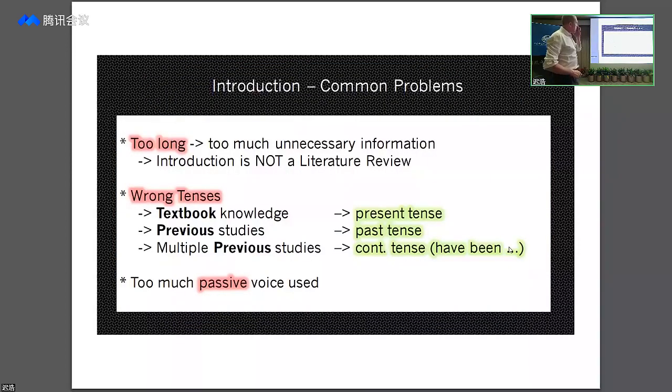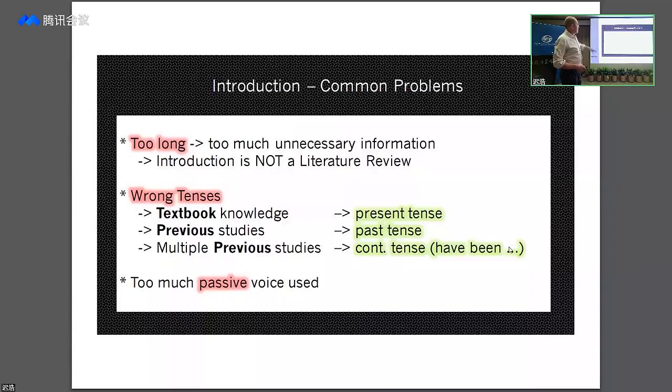Now, there are a number of problems that I usually find in the introduction, so I want to share them with you. Often the introduction is way too long. There is too much information in there that is not related to your paper by any stretch of the imagination. So remember, a literature review is a good starting point, but it is not the introduction of your paper.